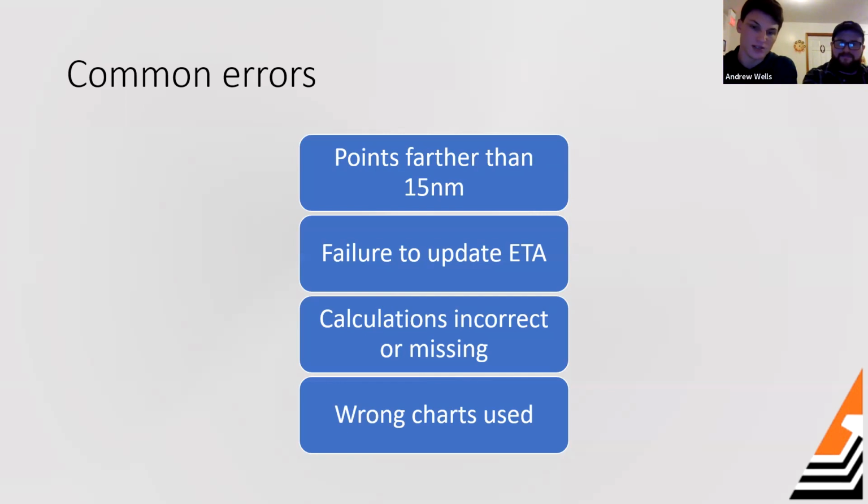Also, some calculations incorrect or missing on your chart, and also wrong charts used. If I'm trying to use a sectional that's in California, thinking I'm flying to this airport, but I'm actually over here flying from Princeton to Sky Manor. More importantly, you can mix up charts in the Princeton area.